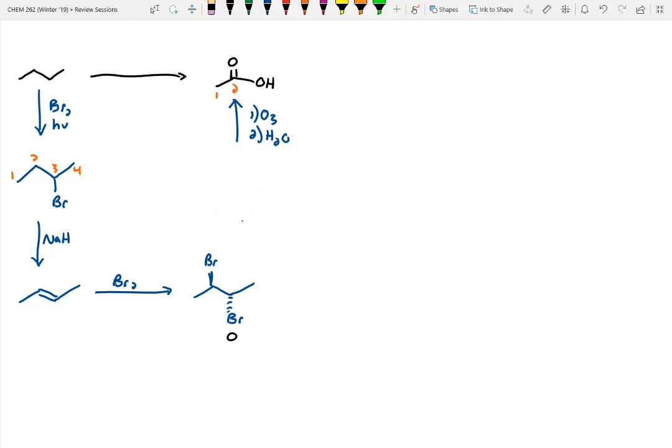So I'm just going to erase this and then we'll plug it back in. So if we do that, now we have our 4 carbons, and if we do ozonolysis, just like before, we'd end up with 2 carbons that have a carboxylic acid on it. Does that make sense? So a little bit trickier, more steps involving all 3 chapters that we've covered this term.